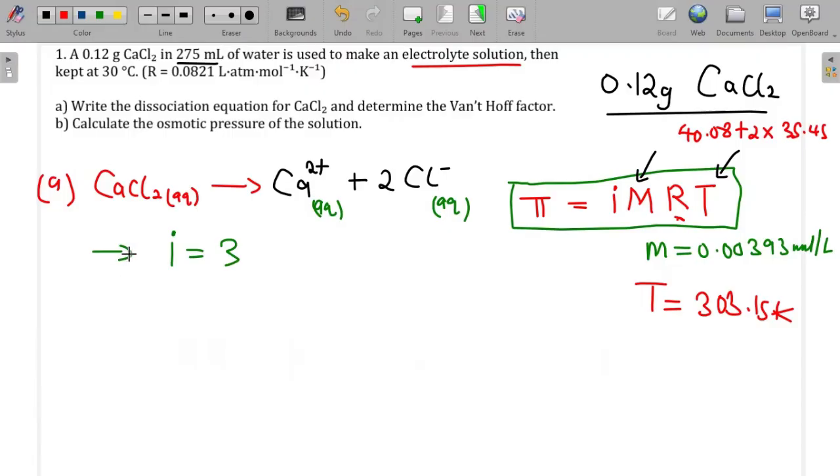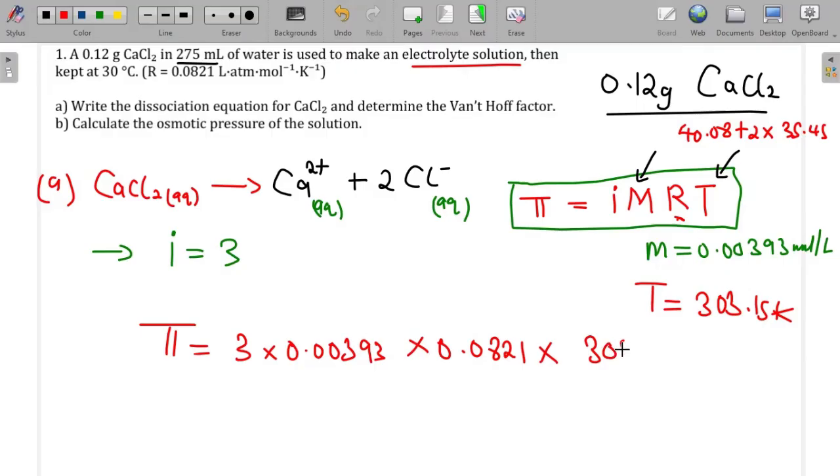osmotic pressure. So I'm going to say osmotic pressure is equal to i, which is 3, multiplied by the molarity, 0.00393, multiplied by the R, which is 0.0821, then multiplied by the temperature, which is 303.15.